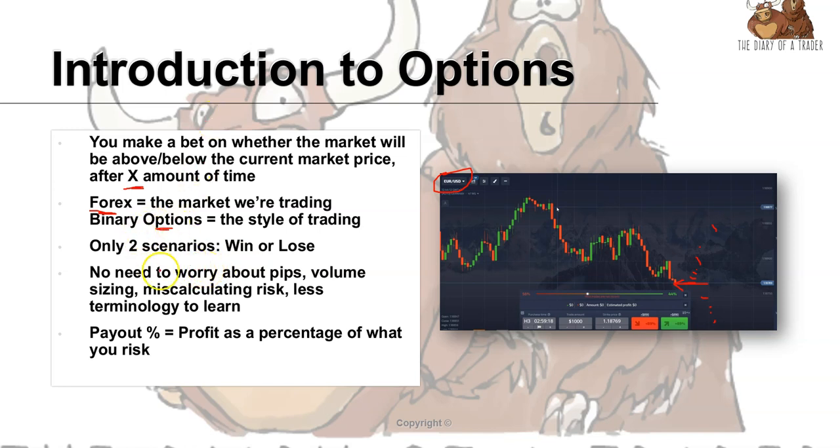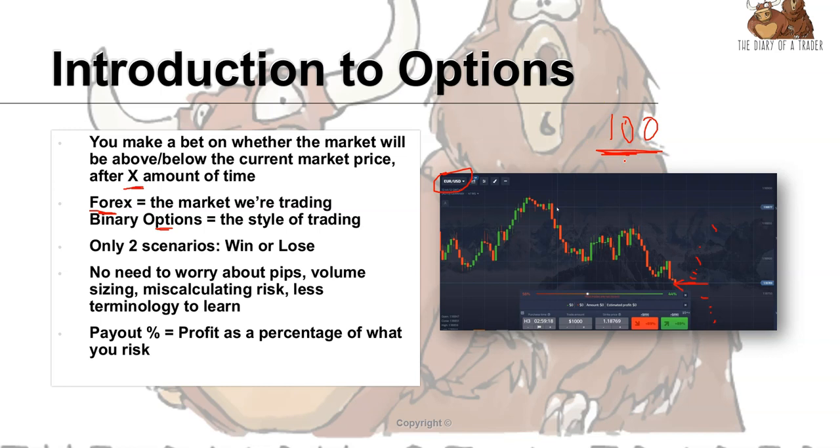And in options, there's no need to worry about pips or volume sizing or miscalculating the risk. There's also less terminology because when you place your risk, you place the amount you want to risk. So let's say $100, and you know that if you are wrong, that is the absolute maximum that you're going to lose.